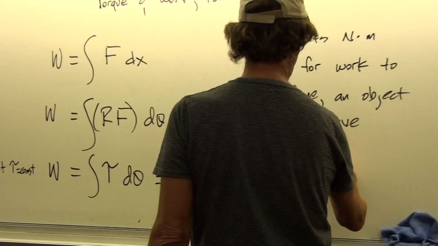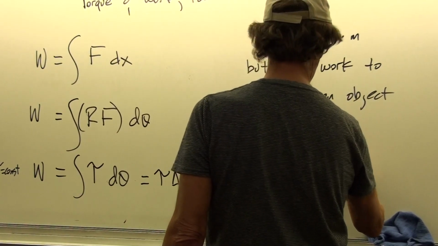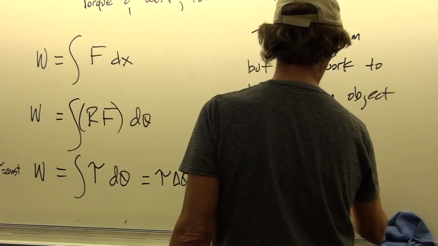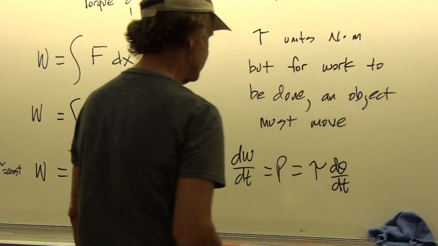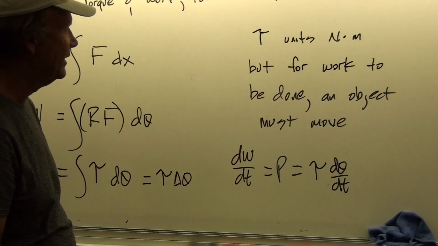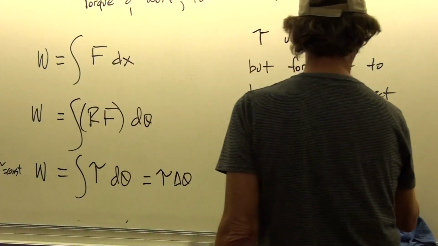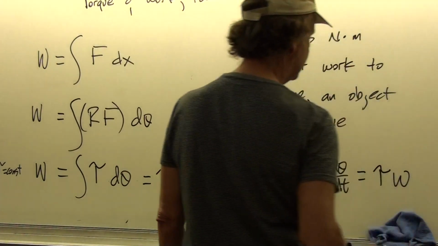So that's going to be the constant torque times d theta dt, or delta theta over delta t, in our more specific example here. Just dividing both sides through by the increment of time, that gives us torque times omega is equal to power.